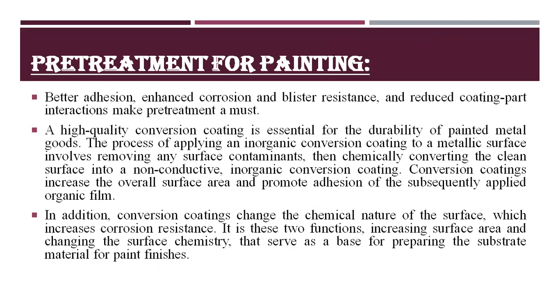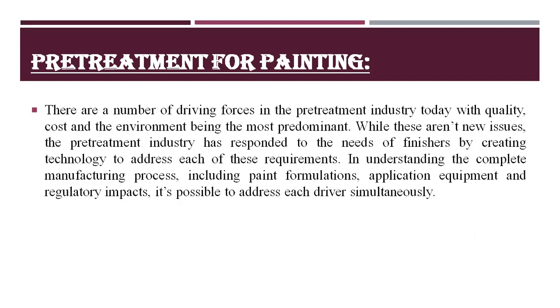Conversion coatings increase the overall surface area and promote adhesion of the subsequently applied organic film. In addition, they change the chemical nature of the surface, which increases corrosion resistance. It is these 2 functions, increasing surface area and changing the surface chemistry, that also serve as a base for preparing the substrate material for paint finishes.